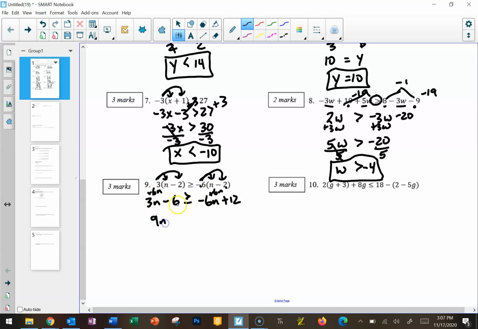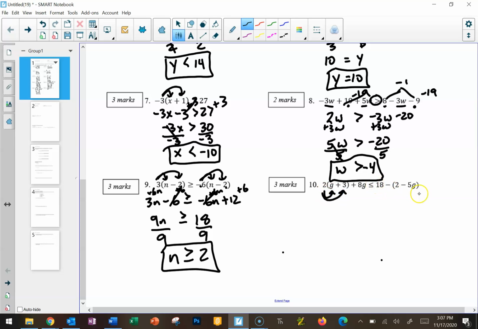So that's 9n, and then we've got to add 6 to this side and add 6 to this side to cancel that out. So I've got positive 9n on one side, and then 12 plus 6 is 18 on the other. We just need to divide by 9, which leaves us with n is greater than or equal to 2. There were no negative divisions or multiplications, so we don't need to flip the sign.